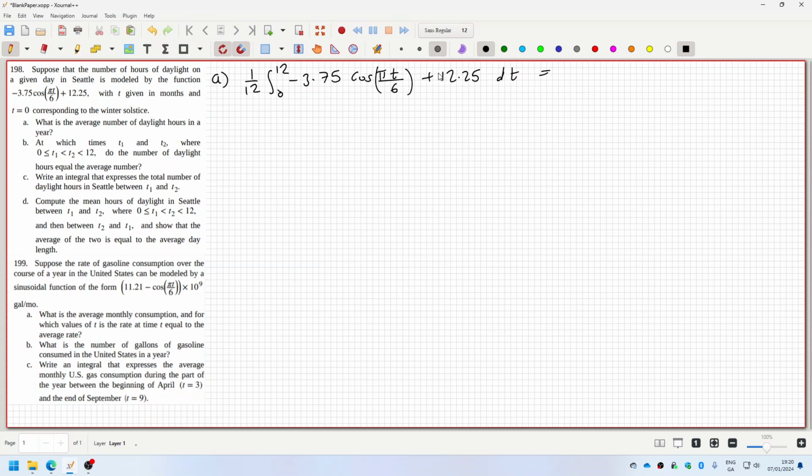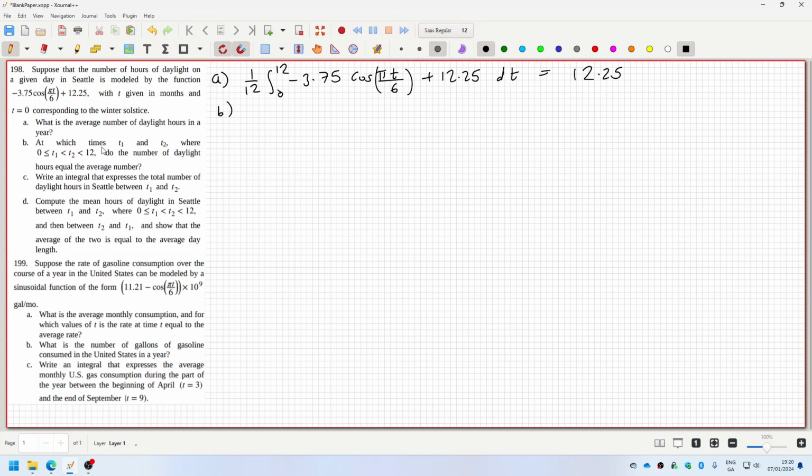I think integrating the cosine will produce 0. I think that's pretty clear because of the shape of it. So it's just integrating the 12.25, which is 12.25 times 12 divided by 12. So it should just be 12.25, I think.